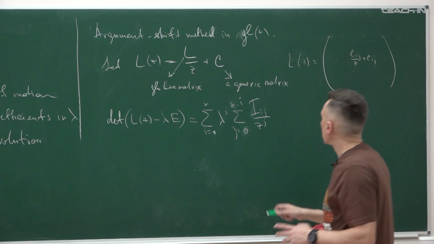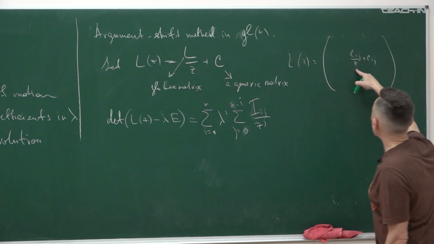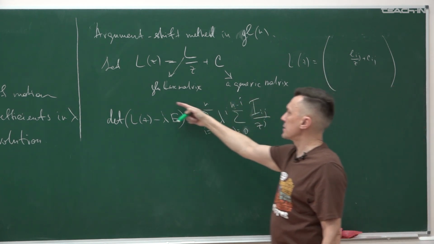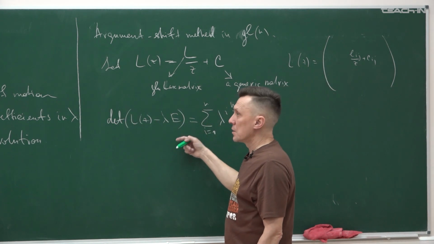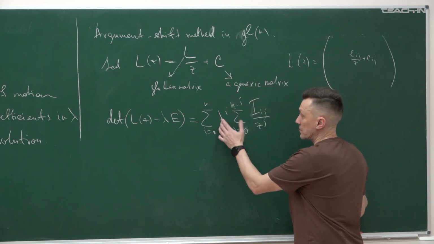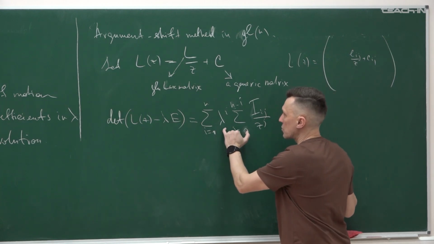Okay. So this is the matrix which has the pole of the first order, and then I consider its characteristic polynomial. So firstly, I expand it on lambda.